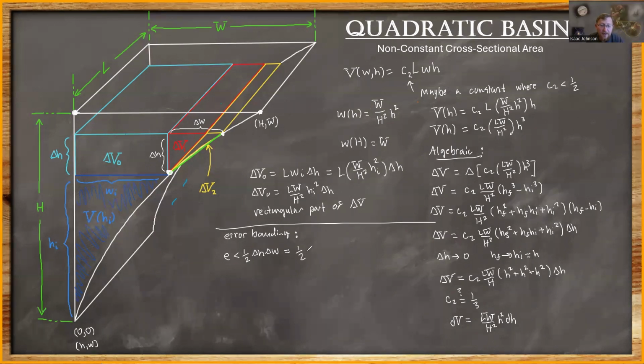Yeah. So we could say delta H, and then delta W is just width over height squared times H final squared minus H initial squared. That's not delta H squared, right? How do we factor that?